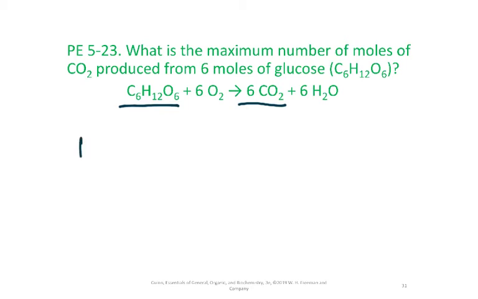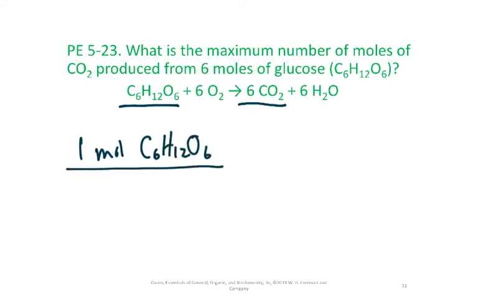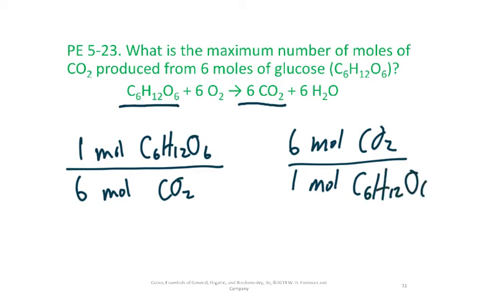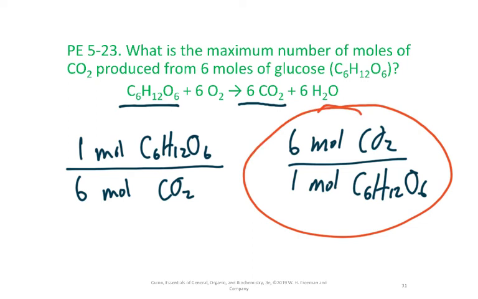So one mole of C6H12O6 over 6 moles of CO2, or we could have 6 moles of CO2 over 1 mole of glucose. And we want to find the number of moles produced, so of CO2. So this would be the one we want to use.